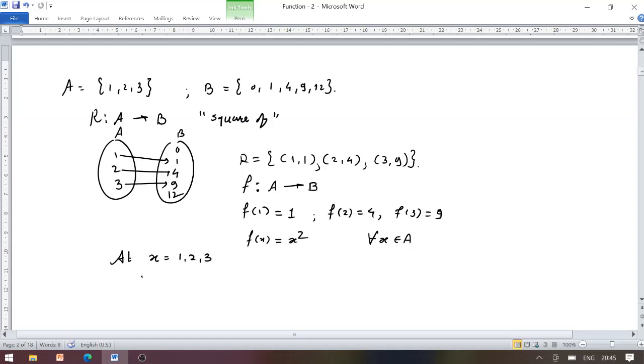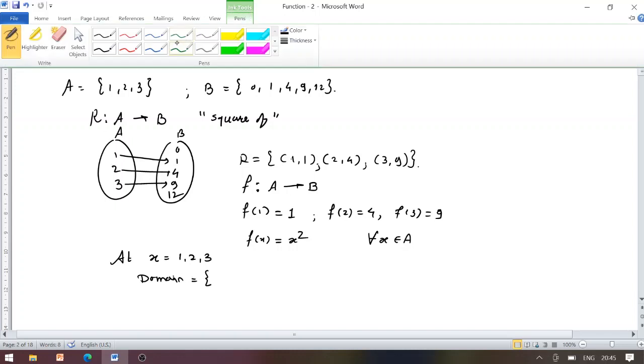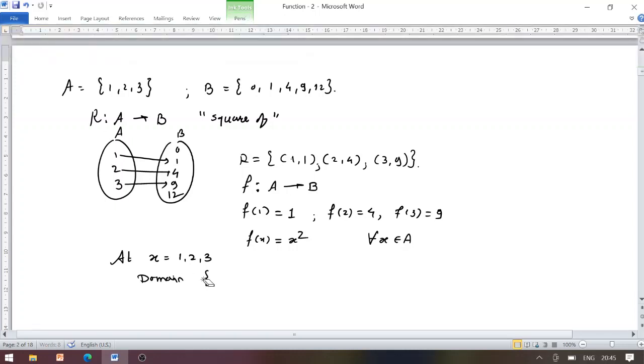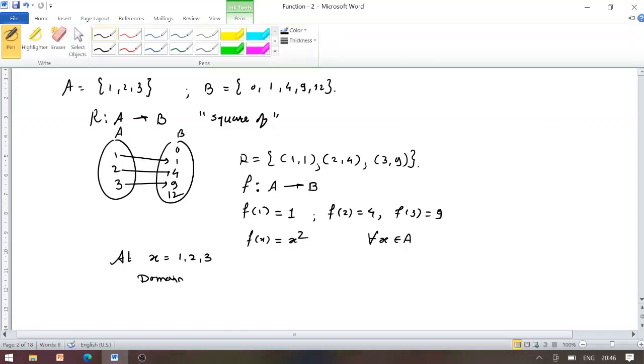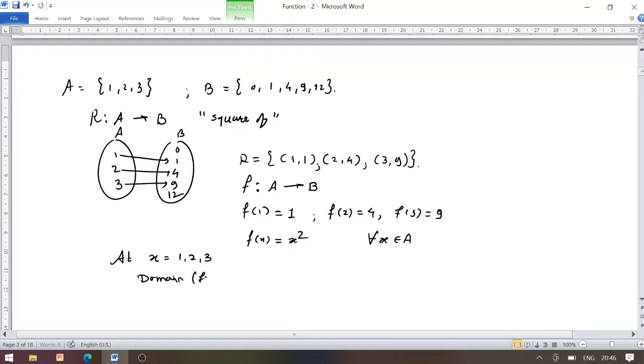So the domain of the given function becomes all values. The domain of f is the elements 1, 2, 3. That means all possible values of x.